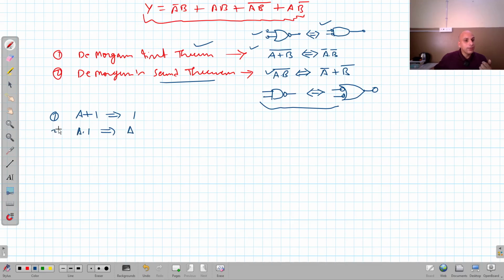If A is 1, then 1 into 1 means 1, that is A. If it is 0, then it will become 0. So A into 1 is equal to A. This is the second law. Similarly, third one, right? A plus A will give you A, right? Similarly, A into A will again give you A, right?